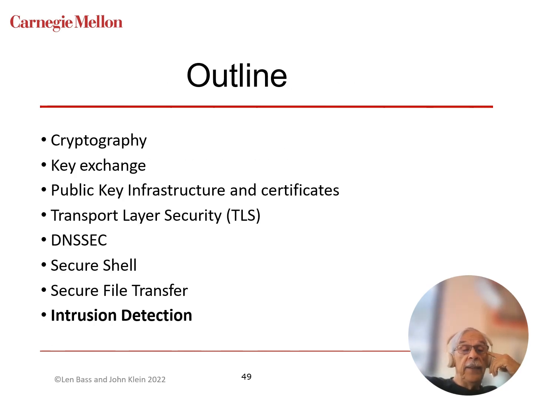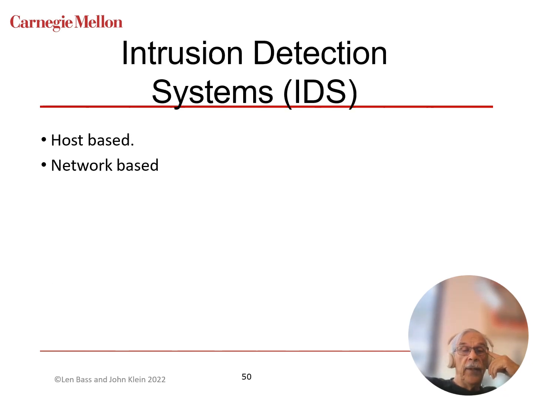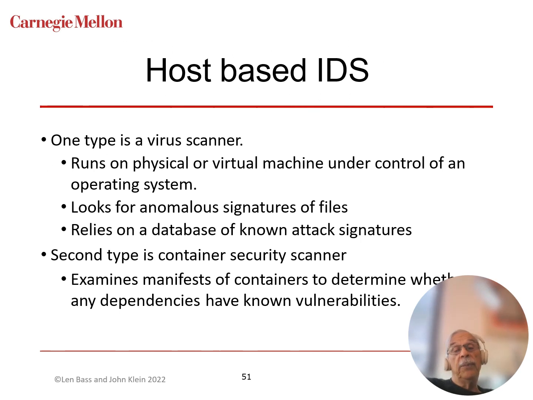And then finally, we'll say just a few words about intrusion detection. So there are two types of intrusion detection systems, IDS. One is host-based and one is network. Host-based is something you're familiar with. It sits on your computer. It scans files.